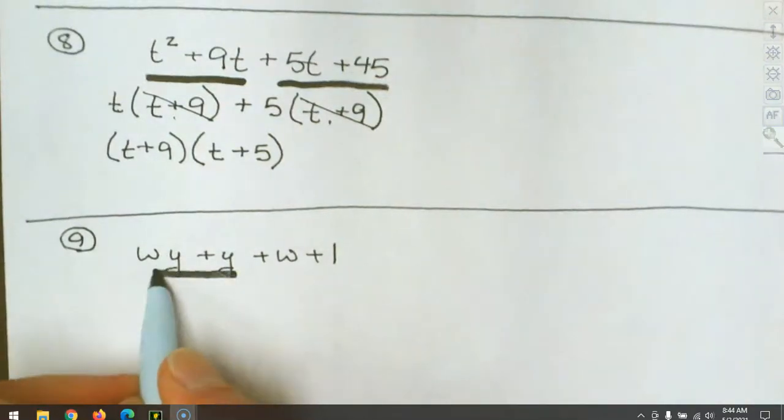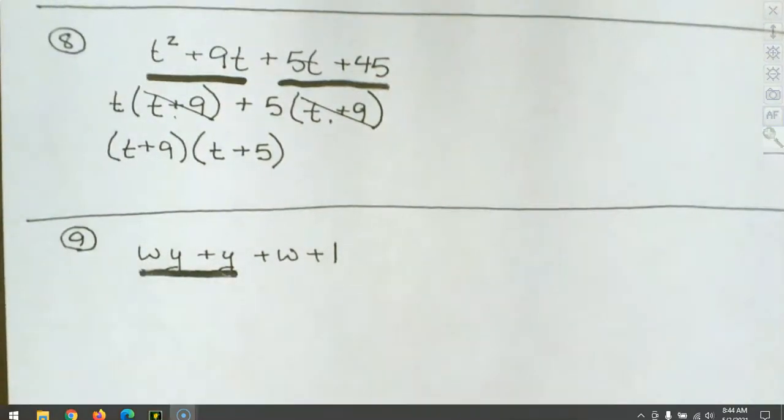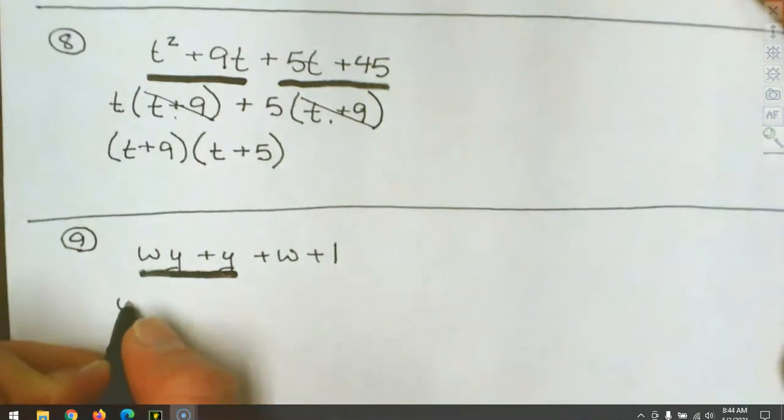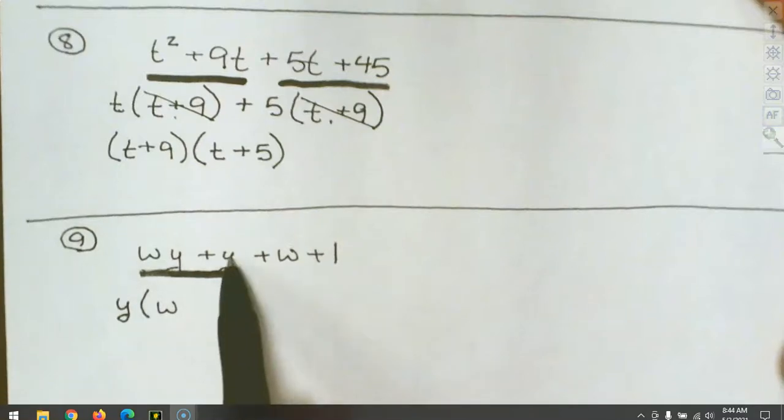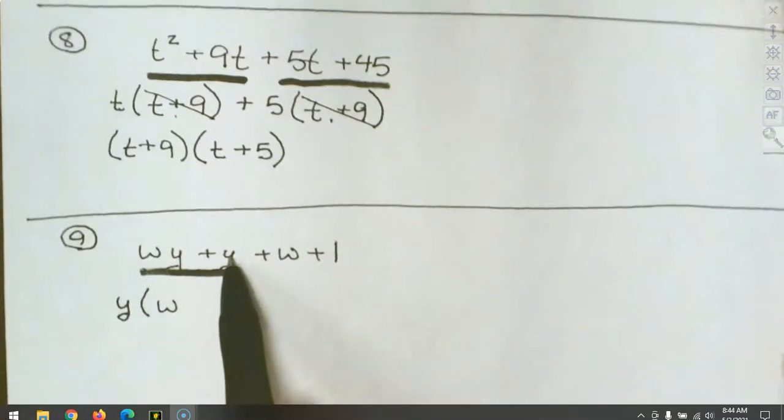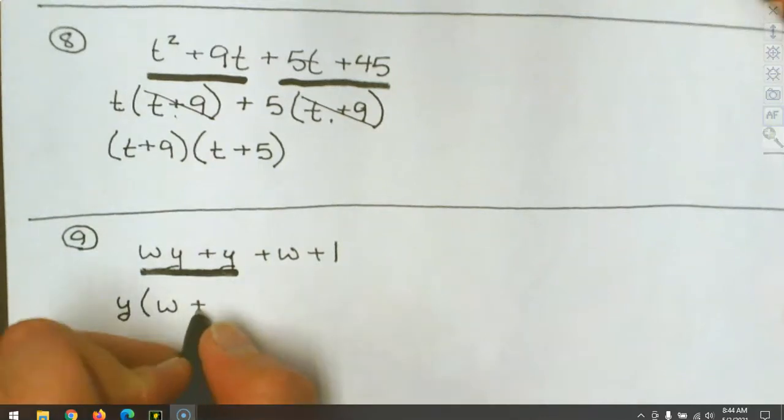So first 2 pieces, what variable do they have in common? They have a y in common. So that y will come out. And what's left over? W. Now, when you take that variable out and it's completely gone, what do we leave? We leave a 1. So that's w plus 1.